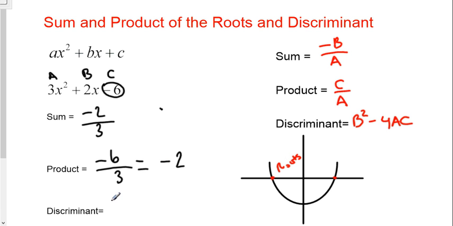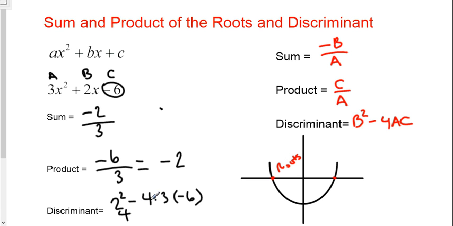And let's do the discriminant. Well, it's b squared, so 2 squared minus 4 times 3 times negative 6. All right. So 2 squared is 4.